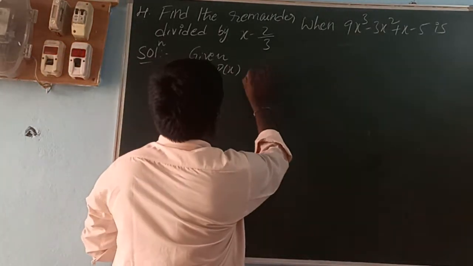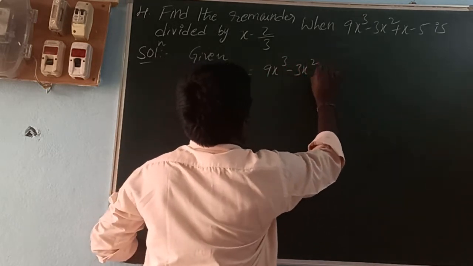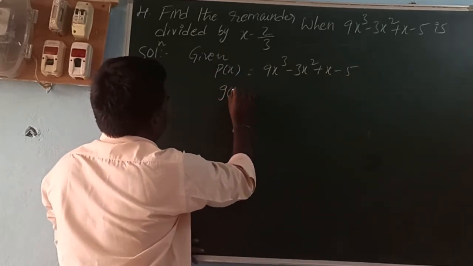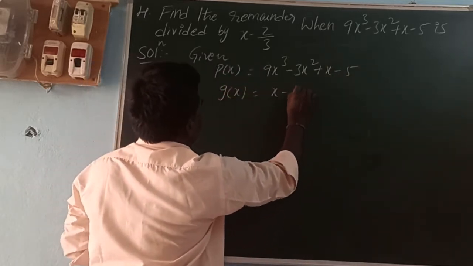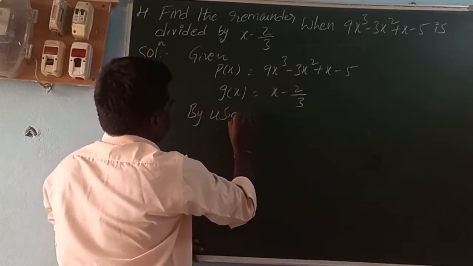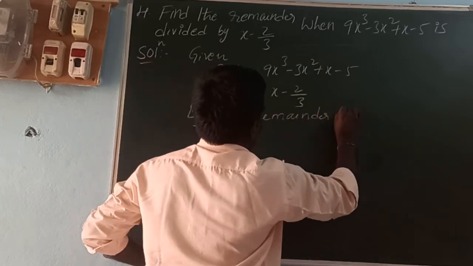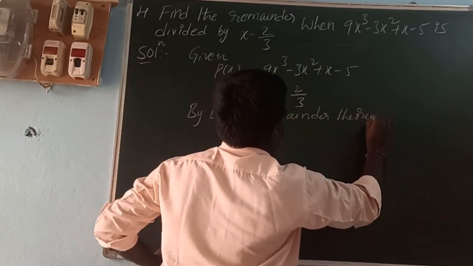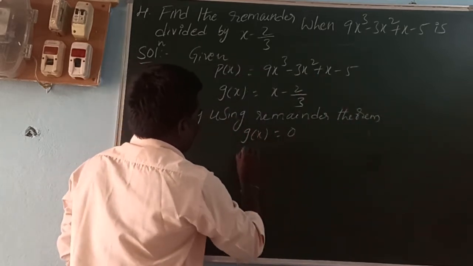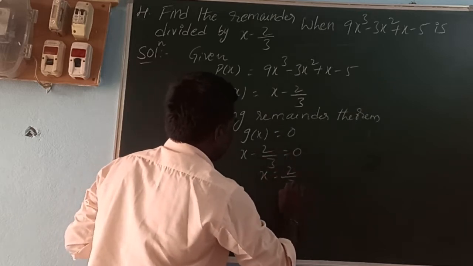So here p of x is equal to 9x cubed minus 3x squared plus x minus 5. Here g of x will be x minus 2 by 3. By using the remainder theorem, g of x is equal to 0, so x minus 2 by 3 is equal to 0, x is equal to 2 by 3.